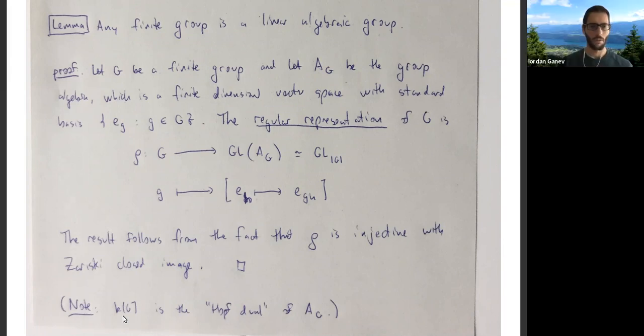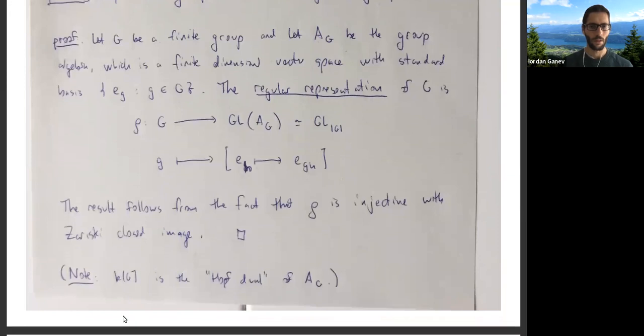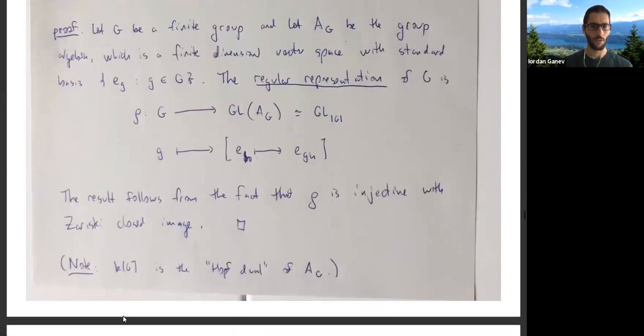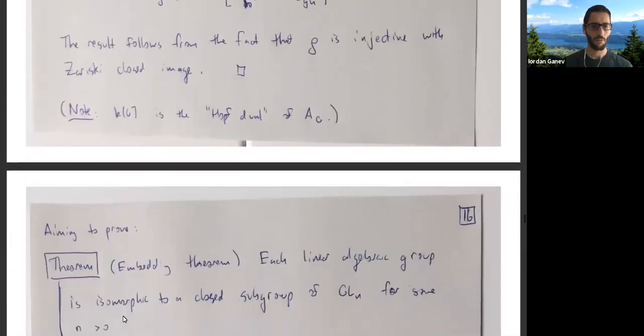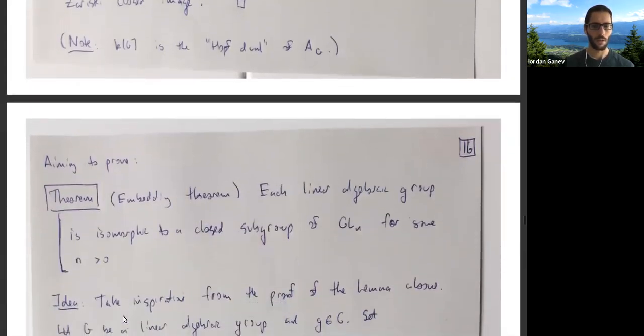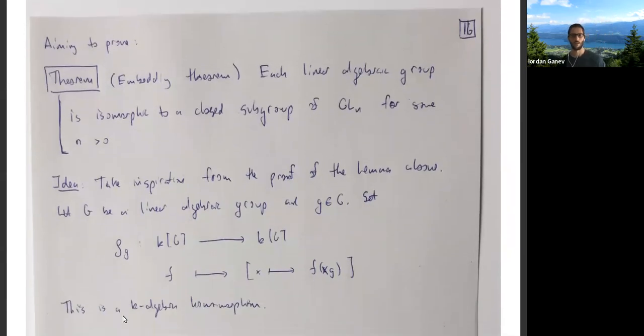Okay. So we have that finite groups embed inside of GLN. And now the next thing we want to prove is the embedding theorem. So every linear algebraic group embeds as a closed subgroup of GLN for some n.